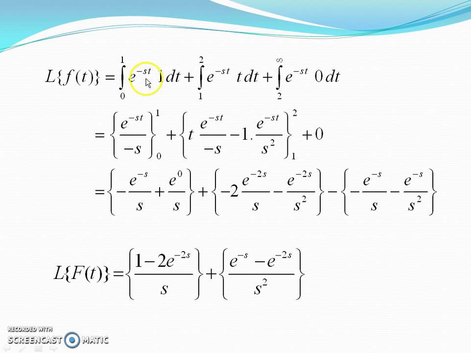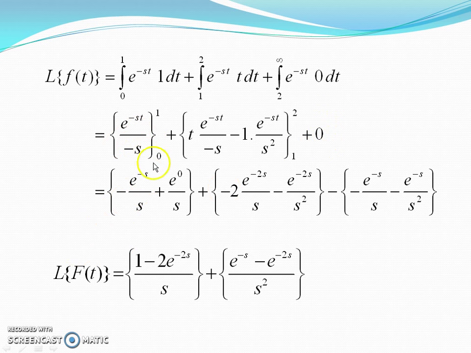So the integration of e raised to minus st is e raised to minus st upon minus s, when t is from 0 to 1, plus. Now the second integration can be evaluated using integration by parts. We get t into e raised to minus st upon minus s, minus 1 into e raised to minus st upon s square, when t is running from 1 to 2, plus the third integration vanishes.